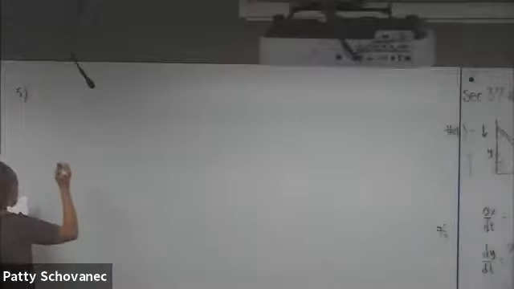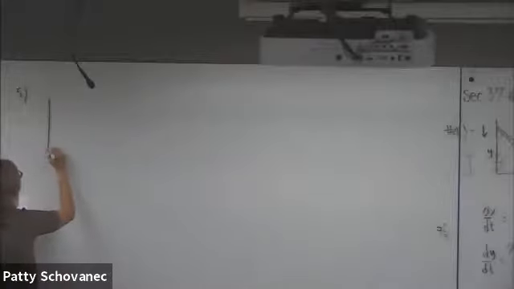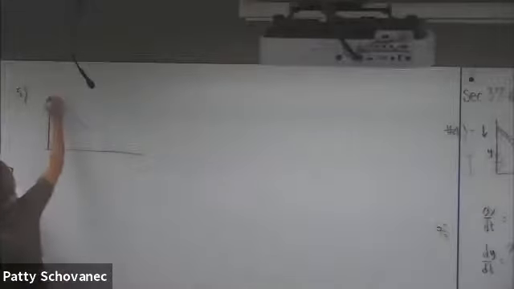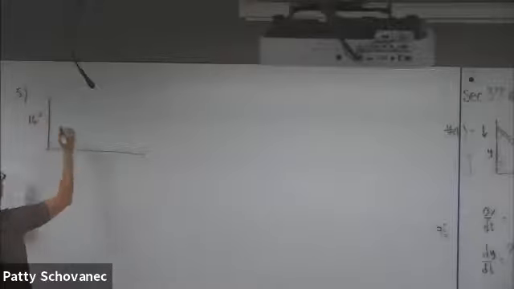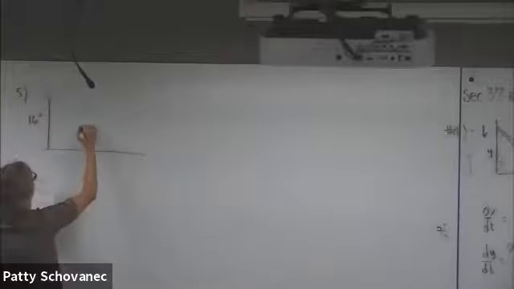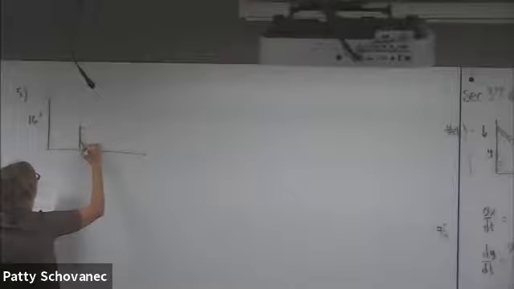Well, I need a street light and a 5 foot tall boy walking away from that. There's the ground. There's the street light. It is 16 feet above the ground. Somewhere over here is this boy. All right, let's make him look like a boy. He's gotten too tall though. He's only supposed to be 5 feet tall.